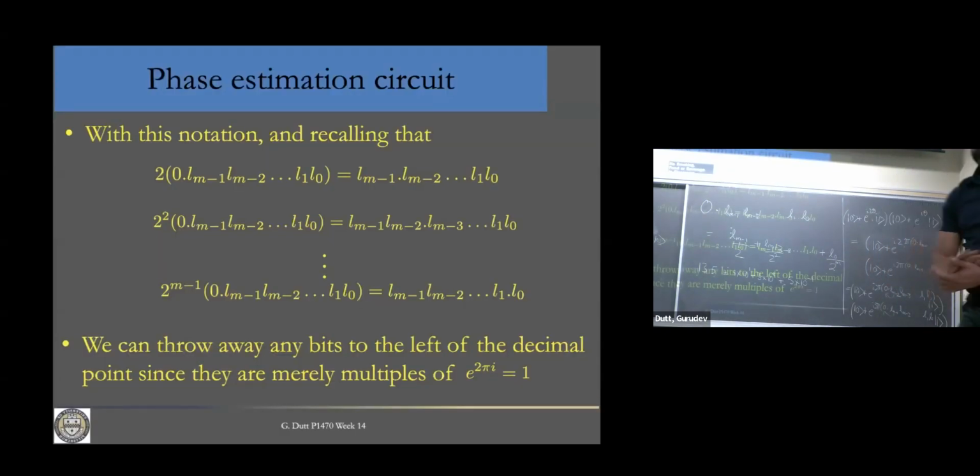So that's 0.L_{m-1}, L_{m-2} up to L1 times |1>. So continuing in this fashion, each time one of these bits will keep moving to the left and getting thrown away on each one. And so the final expression will be written in this sort of way.